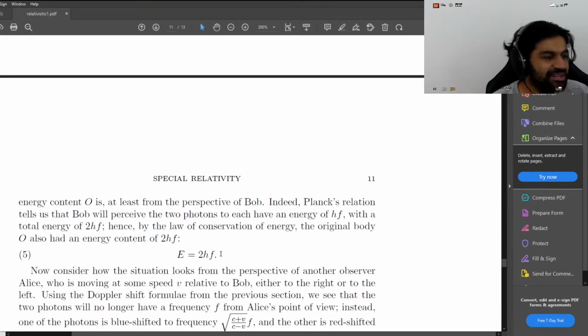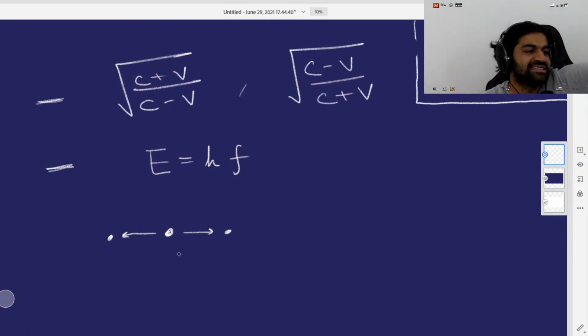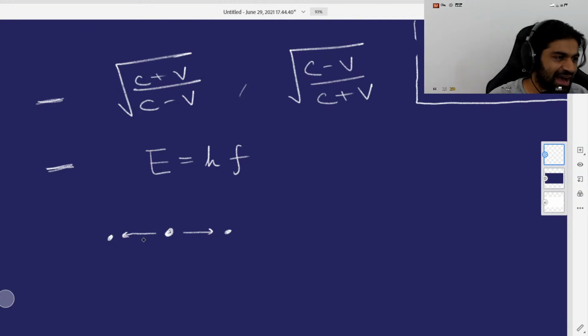So all we need in this case is energy being proportional to frequency. And you're going to pretend some mass is disintegrating into two photons, one going this way, one going the other way, as apparently can happen when you have an electron and a positron interacting with each other. In this situation, notice if you, the observer, are standing right where the mass is, there's going to be a Doppler effect here.